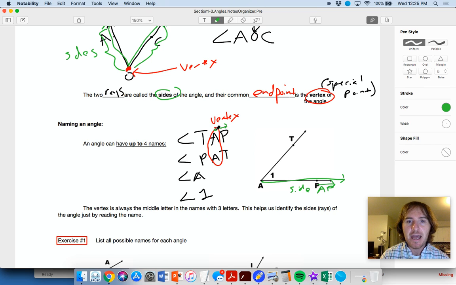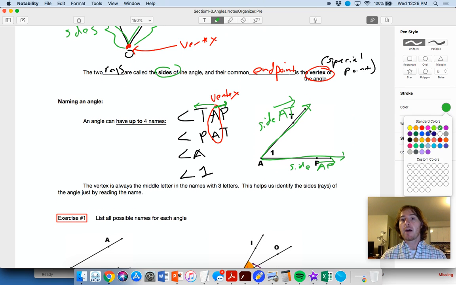We're able to tell that A is the vertex, so it's a common endpoint of a ray, so that means ray AP is one of the rays, and then the other ray is ray AT. Ray AT is the other side. So the important thing is the vertex is in the middle, and then the 2 points on the sides that are indicated go on both sides of the vertex, and you're good to go.